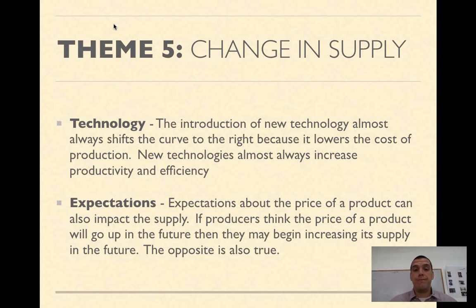And again, the opposite is also true. If you think the market for, say, cell phones is going to tank in the future, to anticipate that, you might start producing less to anticipate that market crash, so your losses won't be as much.